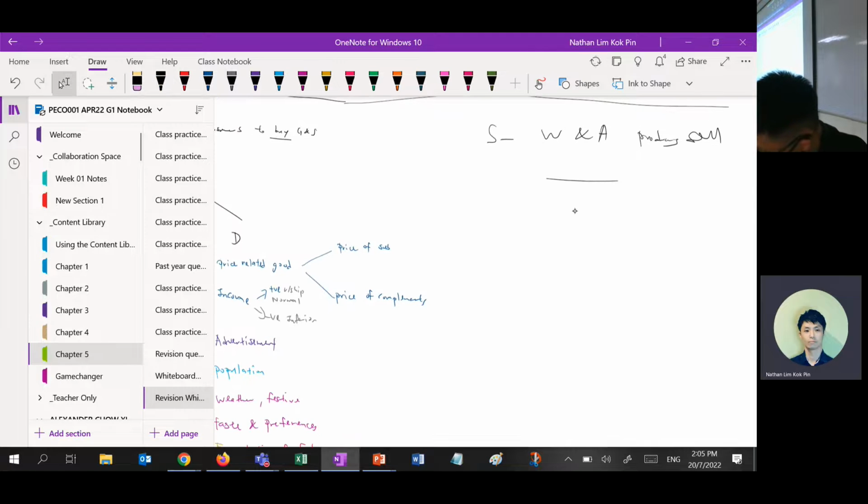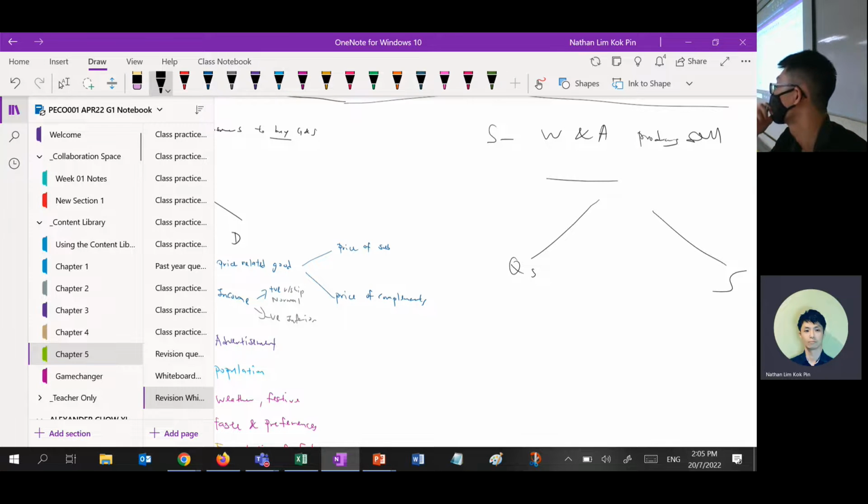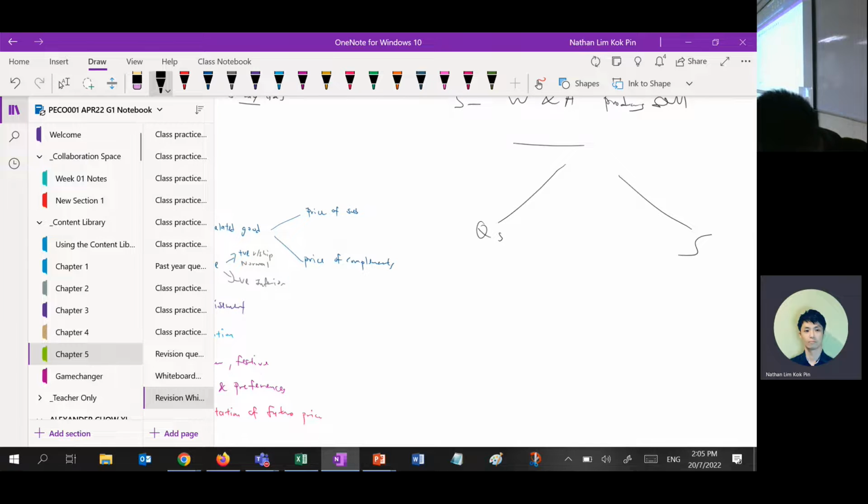Supply also has two. One is QS, one is supply S. What? Cannot see. I cannot erase, I don't know why. Just leave it. Okay.